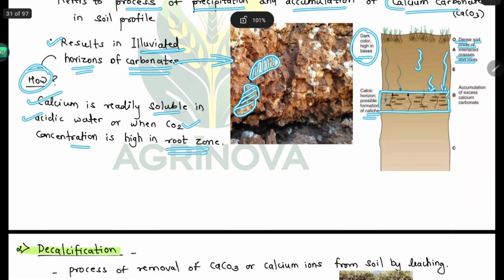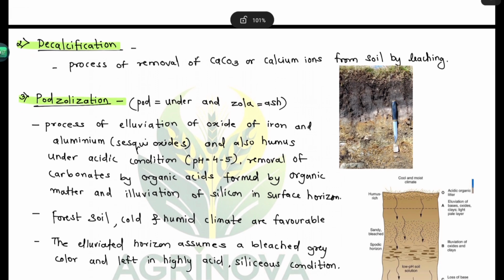Okay. So next, the process of decalcification. It is basically the opposite or the reverse of calcification. It is the removal of calcium carbonate or calcium ions from the soil with the process of leaching.